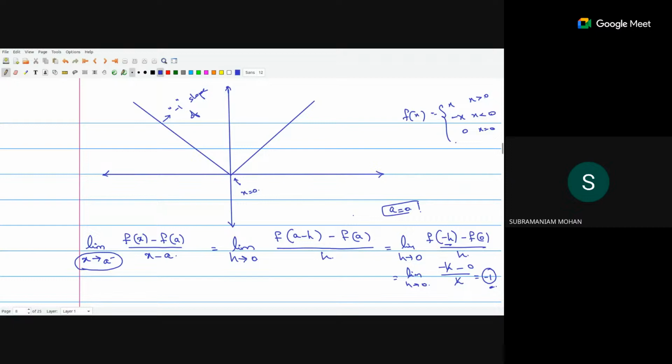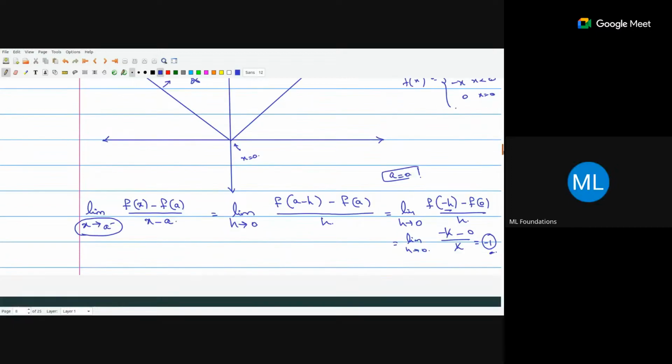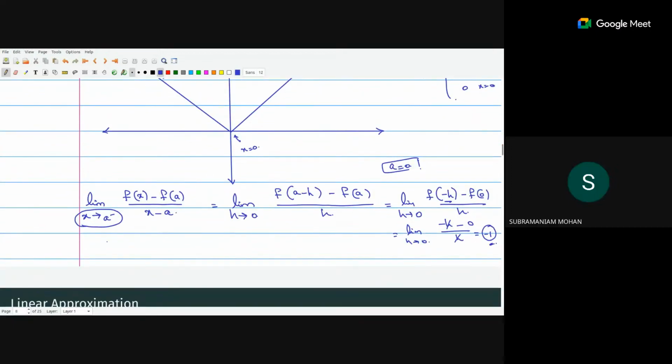We'll go for the positive side. Positive side will become 1. We will work it out and compare it. The negative h is taken care of. No, it should be minus 1. We are just confusing minus and plus. For that, can we do it side by side?